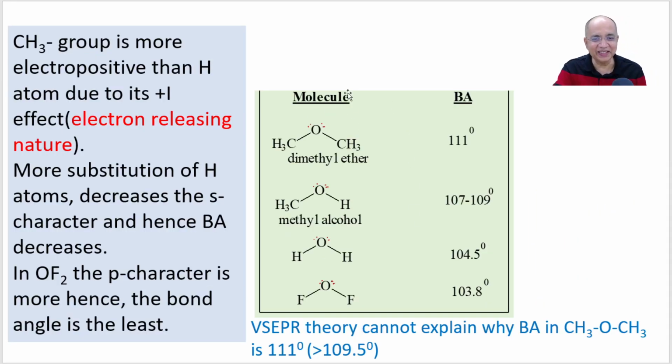Now, see, this is a very interesting case. How to explain without bringing in Bent's rule? You can't explain at all. This is dimethyl ether. The bond angle is more than tetrahedral. How to explain? When the steric number is 4, the bond angle is tetrahedral, and there is a lone pair, the repulsion is expected to reduce the bond angle from 109.5, but instead it is greater.